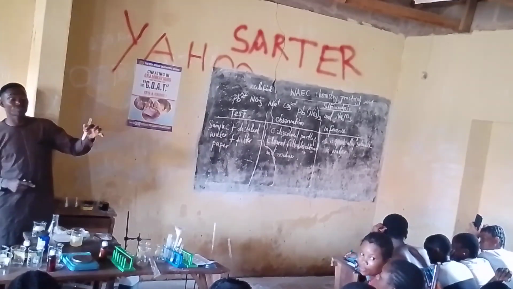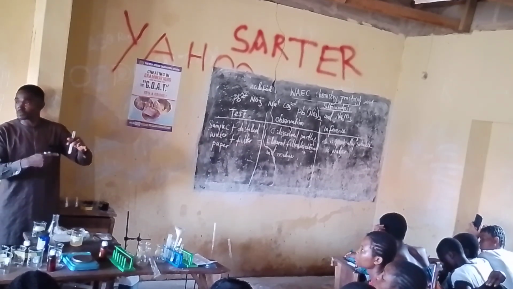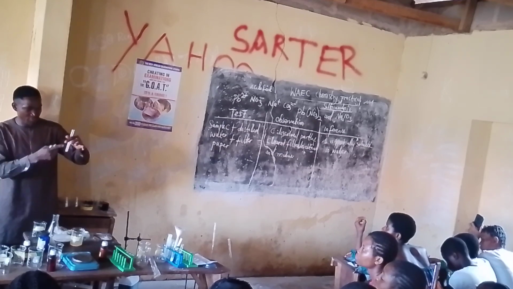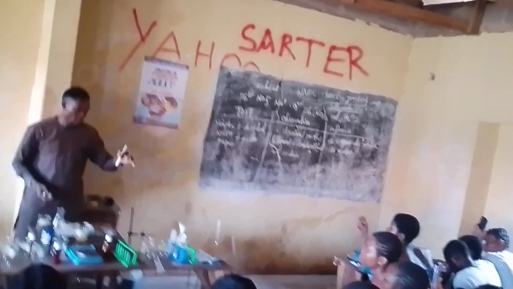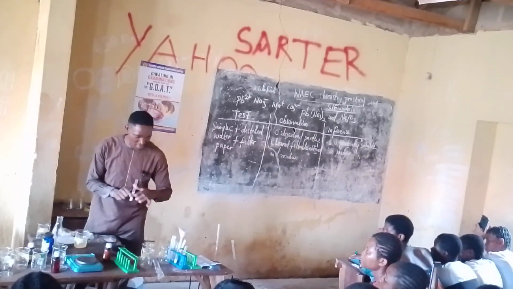Okay, I will just use it like that. I will start from the surface and take the filtrate from there. Just use the solution like this. So it's supposed to be clear filtrate. I hope you understand what I'm saying.